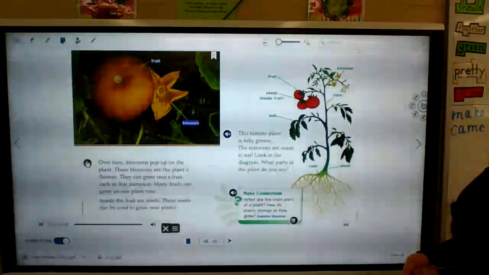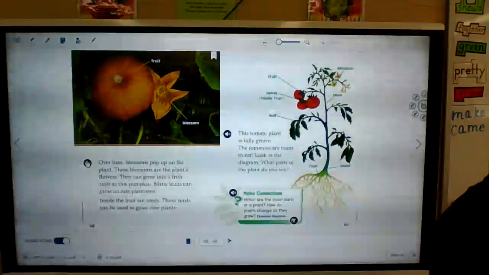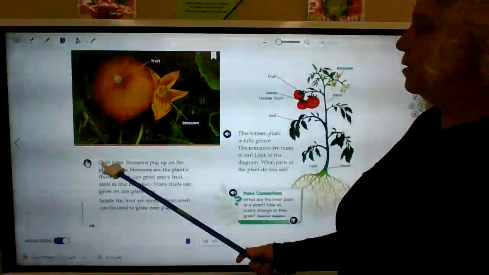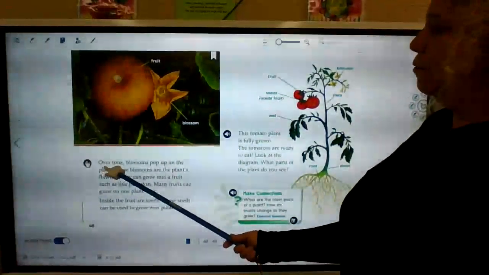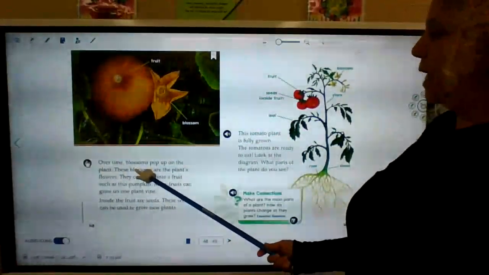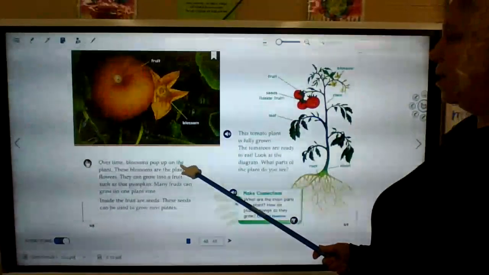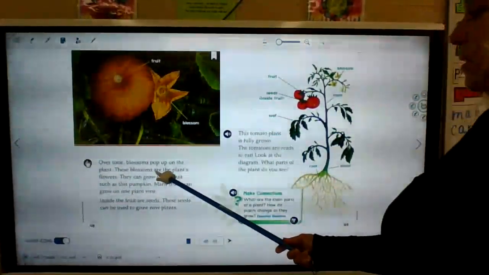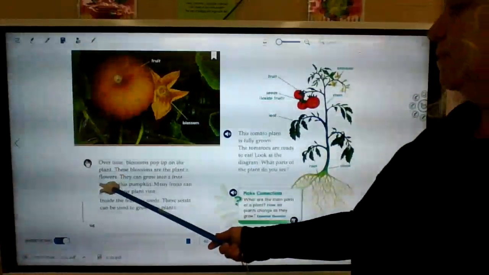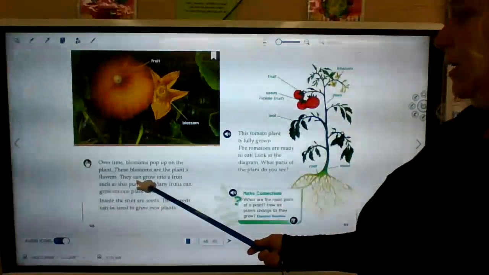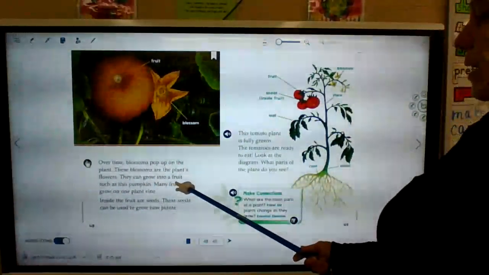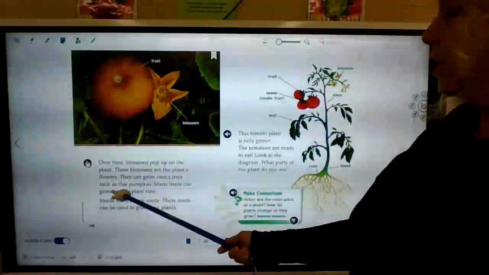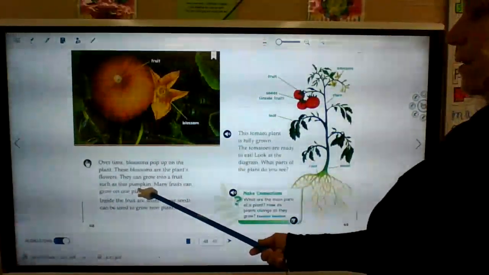Fruit, blossom. Okay. Our turn. Over time, blossoms pop up on the plant. These blossoms are the plant's flowers. They can grow into a fruit such as this pumpkin.